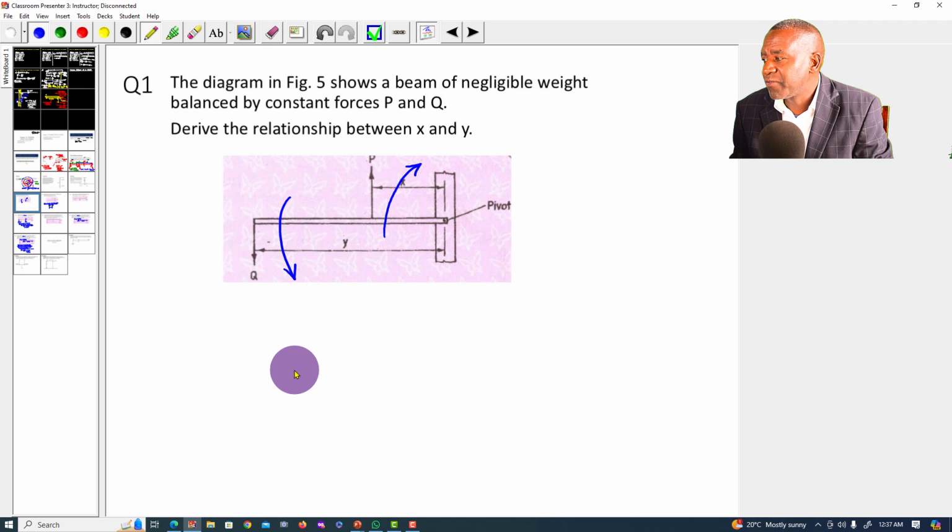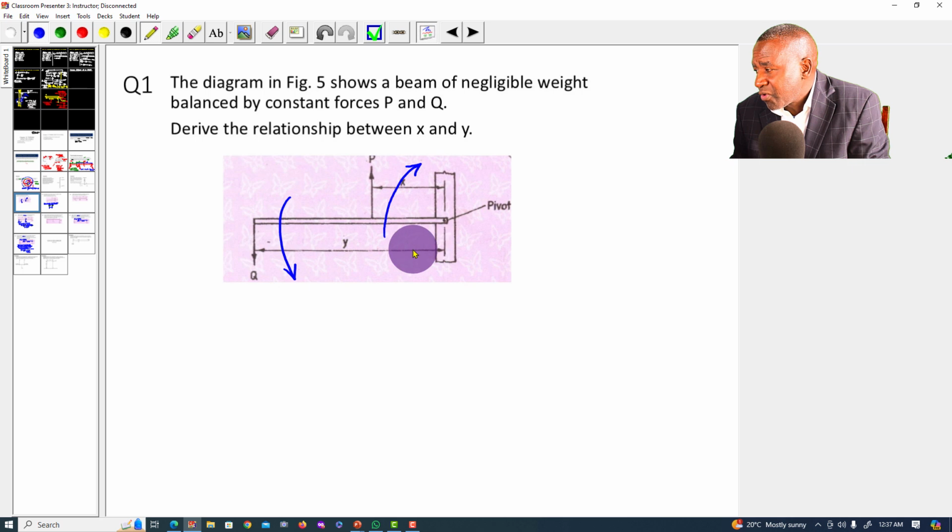So the moment you decide the forces which turn the system clockwise and the ones which turn the system anti-clockwise, you are on your way now to write down the expression. You have said take moments about the pivot. So we'll say the force P times the distance X will be equal to the sum of the anti-clockwise moments.